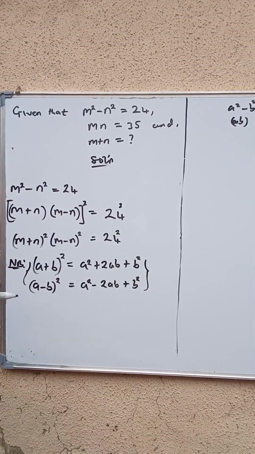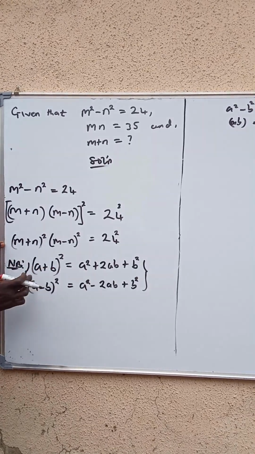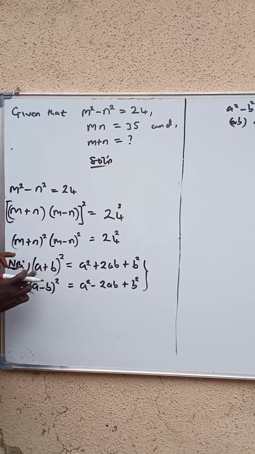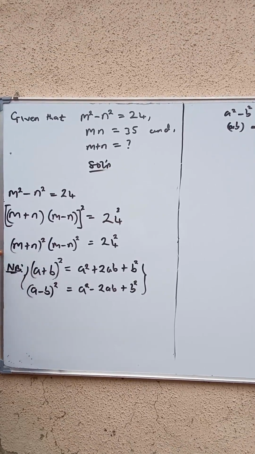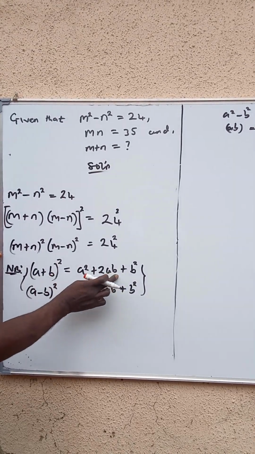Now if I see (m plus n) all squared, comparing them, a is m and b is n. Anywhere I see a, it is m, and anywhere I see b, it is n.